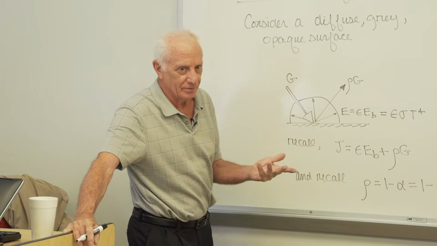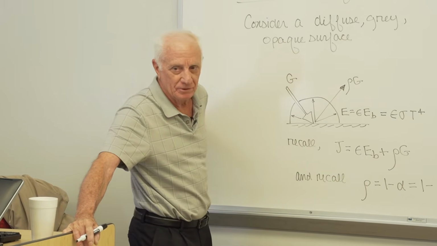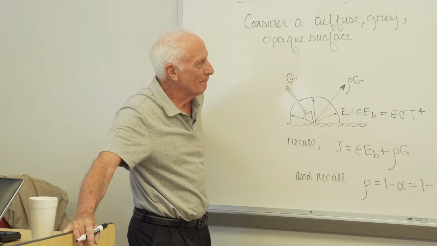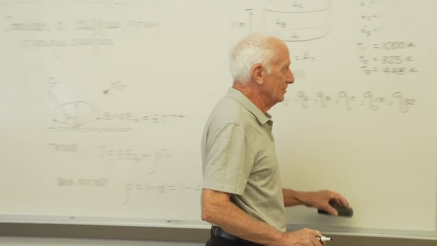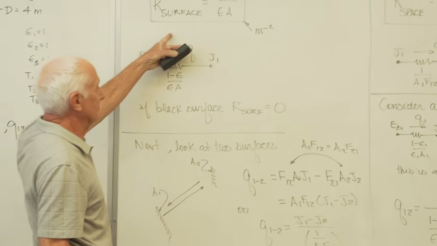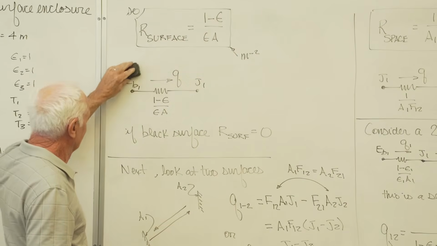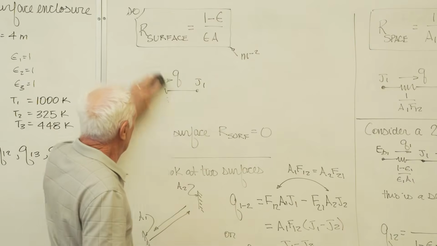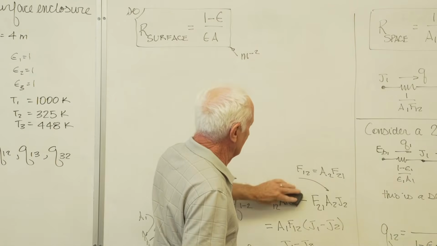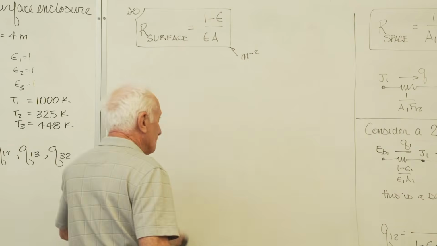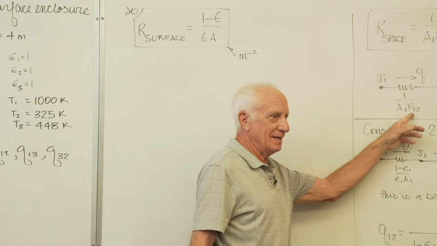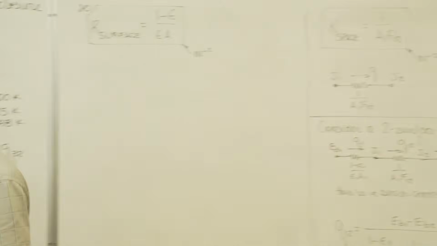Or if you want Q23, doesn't matter. You can flip the subscripts any way you want. Okay, 3 surface enclosure. How many resistances on the surface? 3. Every pair of surfaces in the enclosure has a space resistance. Got it. If you want the space resistance, what do you need? I need the view factors.